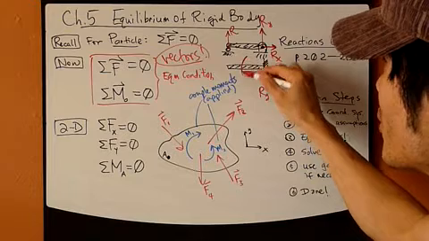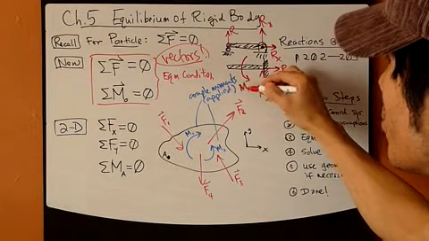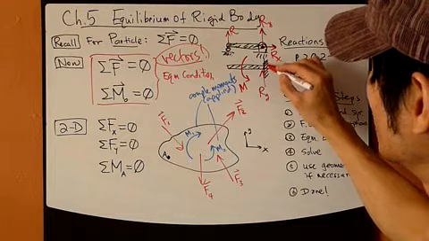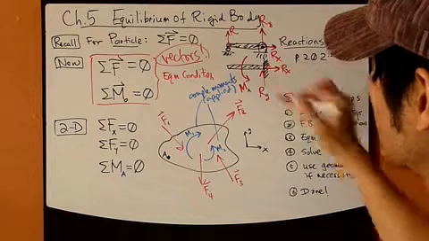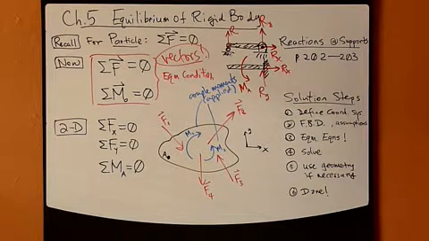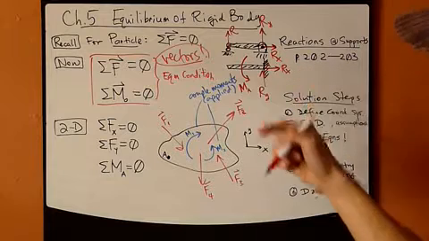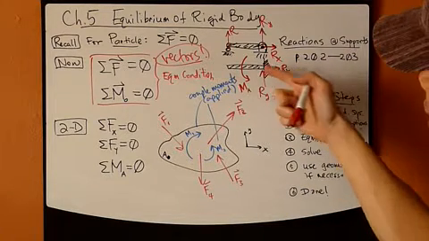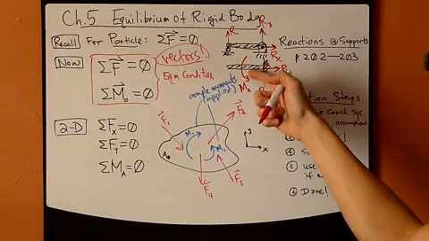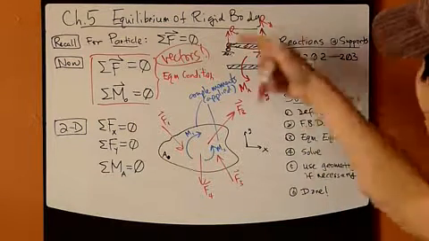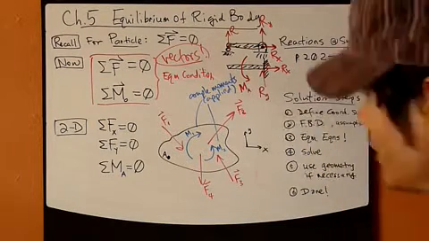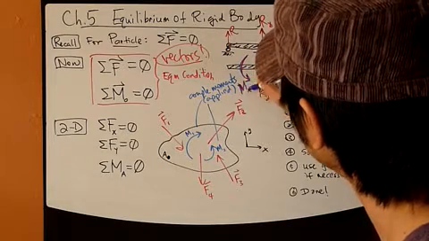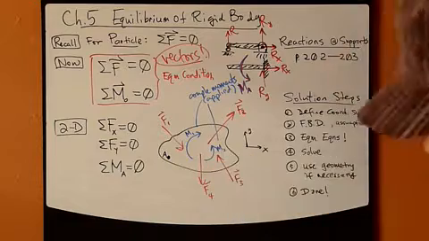So the resistance to rotate is simply in the form of a moment. Let's say this is point A. These three are the reaction: these are the reaction forces, and this is the reaction moment. Now let me use blue for this moment, just to be consistent with this picture down here.